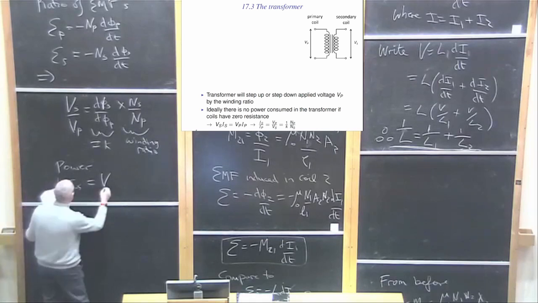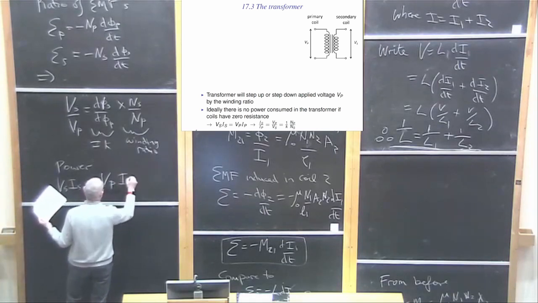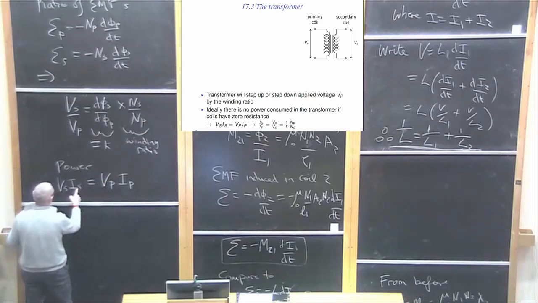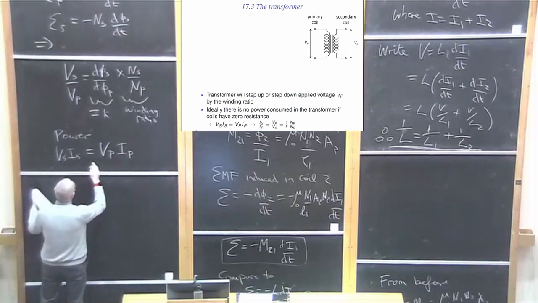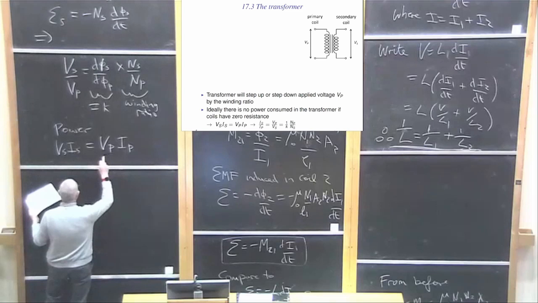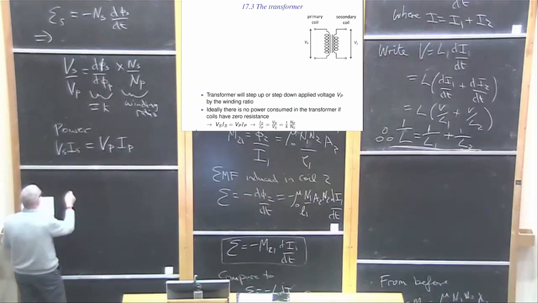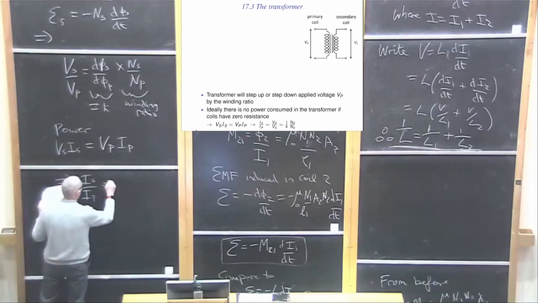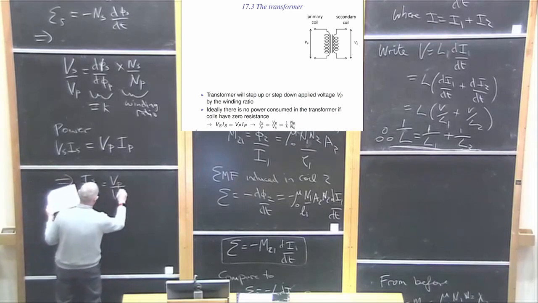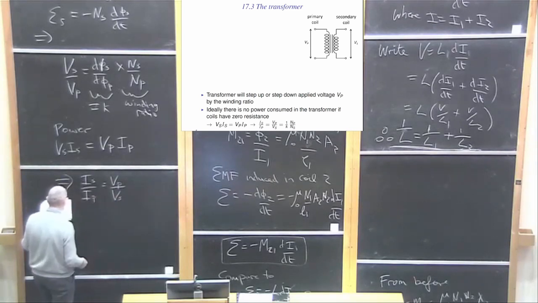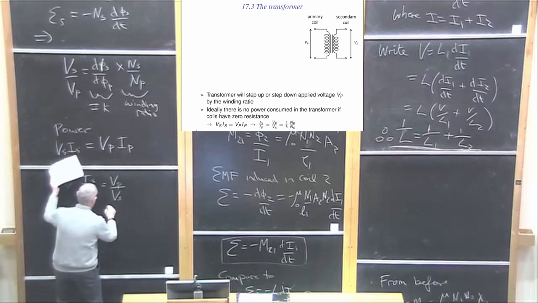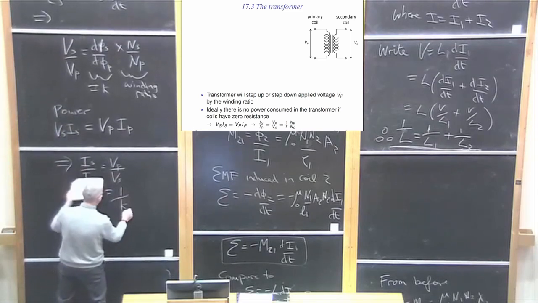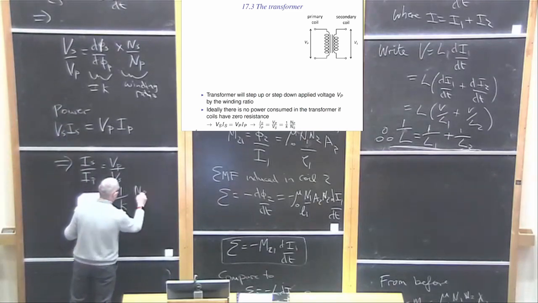So the voltage times current in the secondary is equal to the volts times current in the primary, which gives the ratio of currents, which is inversely equal to the voltages, which equals 1 over K, NP over NS.